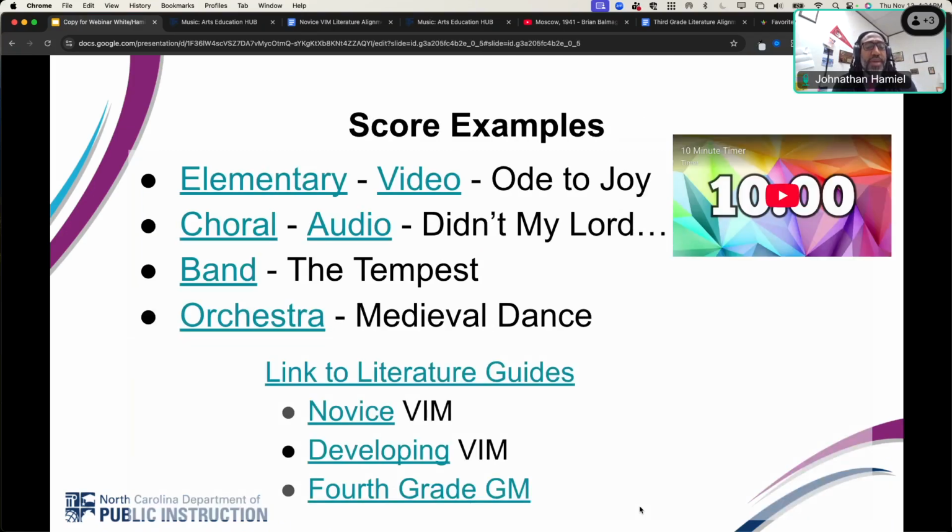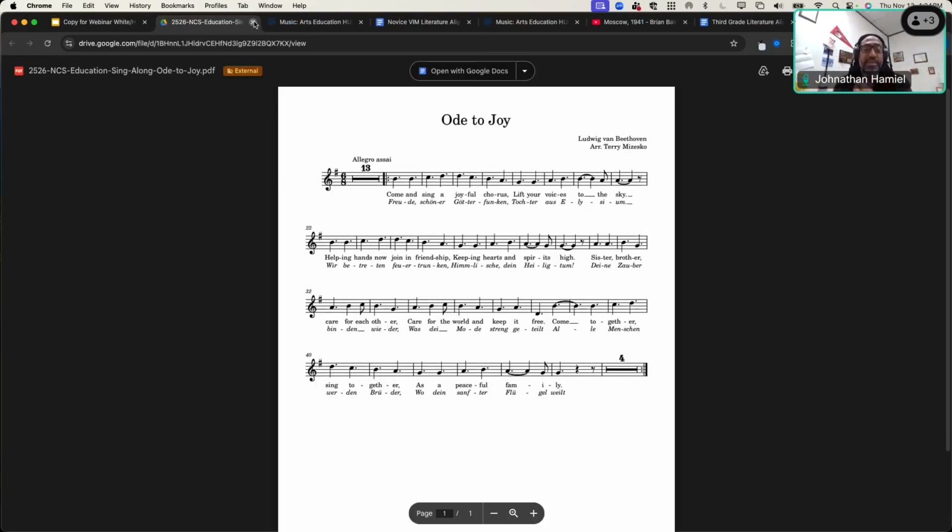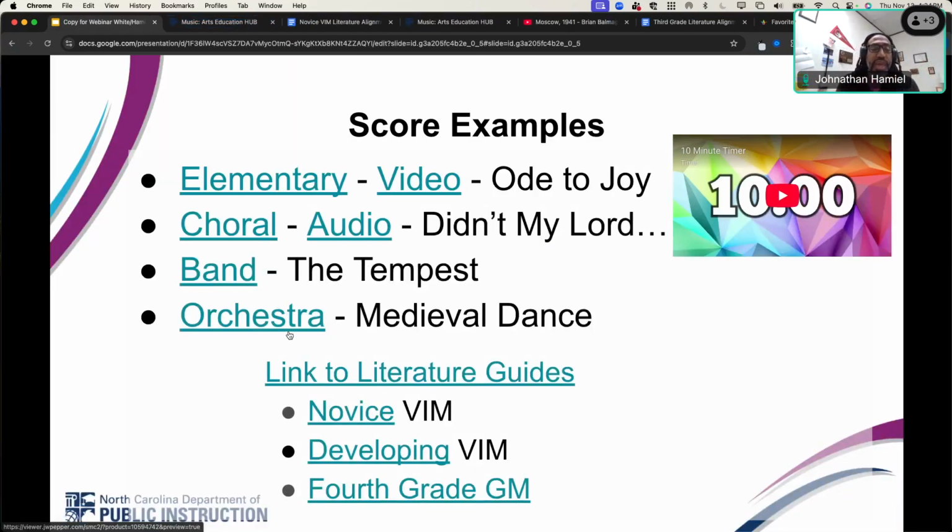All right. And so take 5 to 10 minutes on your own, and all you basically need to do is click one. If you're elementary, then click elementary, of course. If you're choral, click choral. If you're band, click band, and so forth. And also you will see the links of the evaluation tools at the bottom.